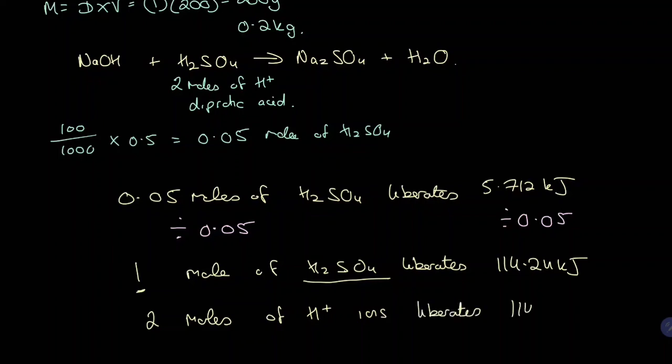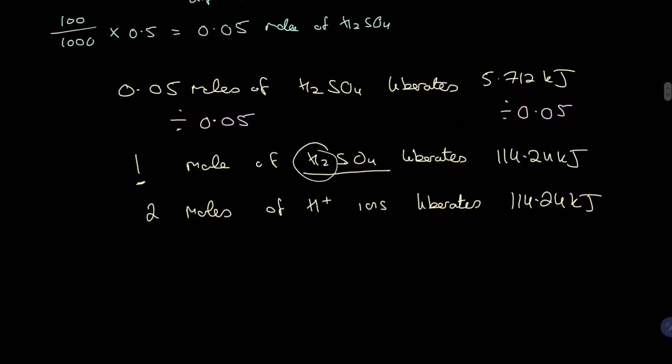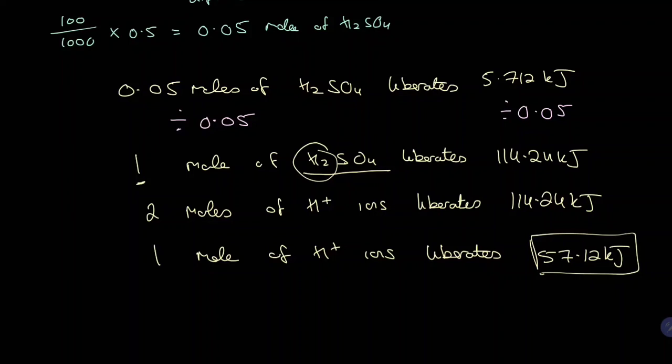Liberates 114.24 kilojoules because there's 2 ions present. Okay, so we need to divide this whole line by 2 to get out what 1 mole of H plus ions would liberate. And there's your final answer there. That's the heat of neutralisation calculated for that question.